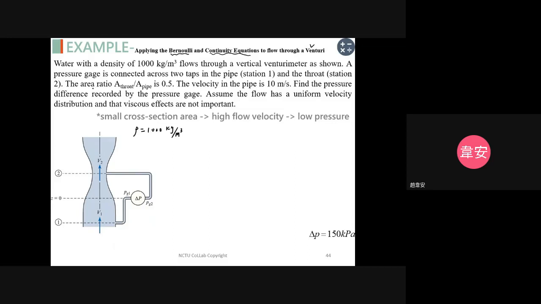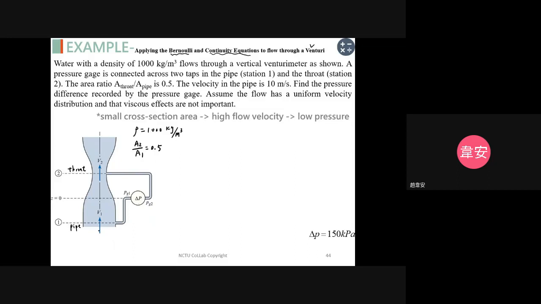The question tells us the area ratio between tap 1 and tap 2 is 0.5. So there is the pipe, and the cross-section area ratio A2 divided by A1 is equal to 0.5.